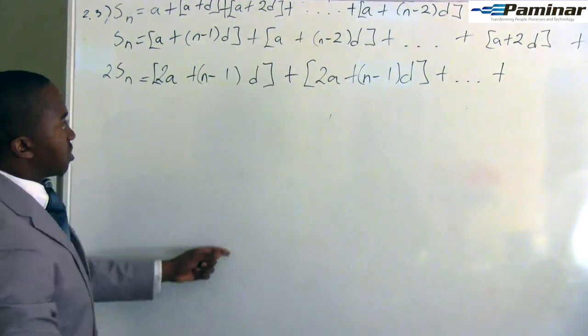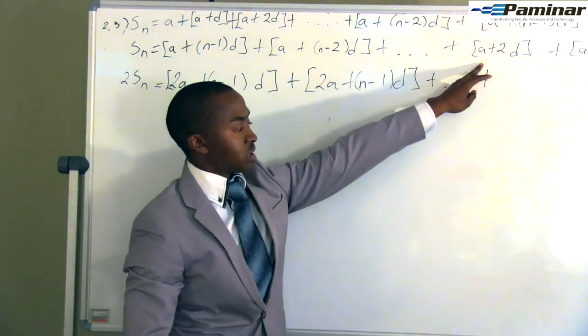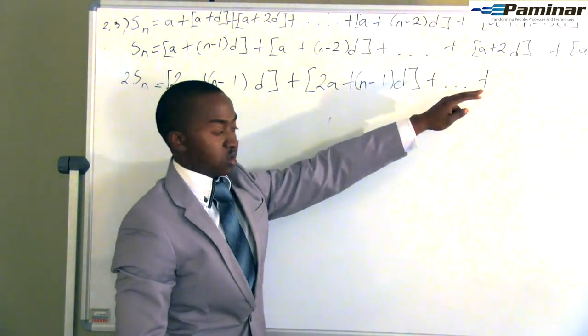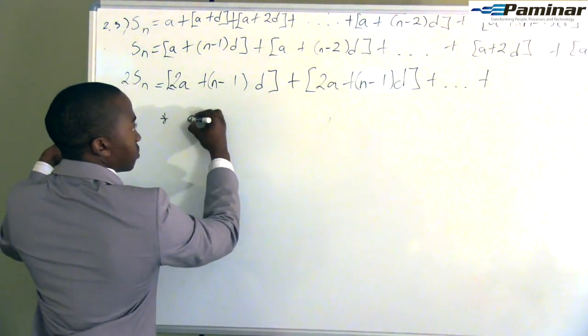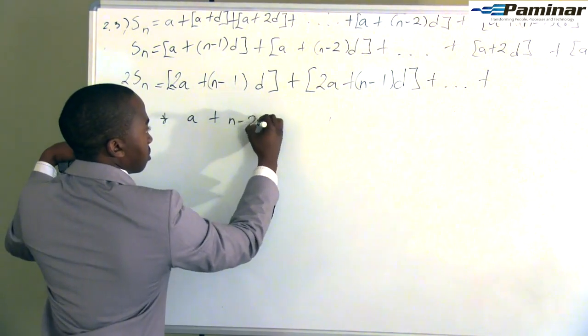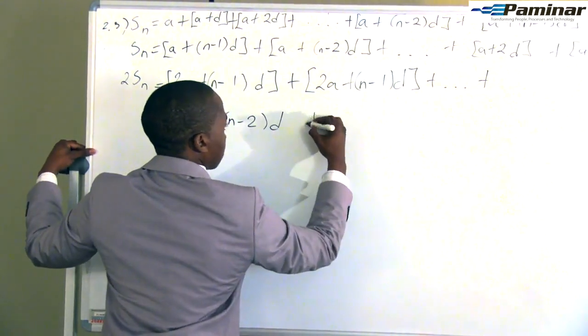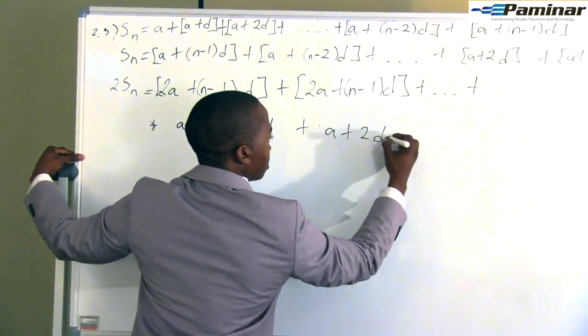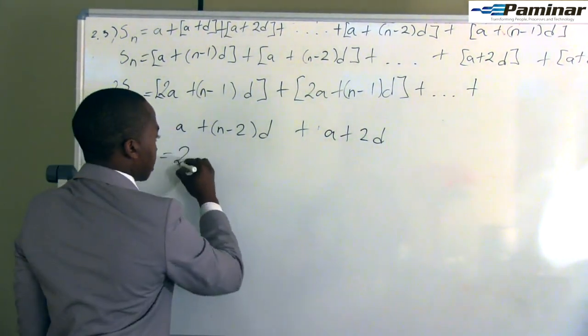Let's move on to the next two terms, which are A plus (n minus 2)d and A plus 2d. In other words, let's do the same thing and see what we get. It's A plus (n minus 2)d plus A plus 2d. There's an A there, there's an A there, that's 2A.